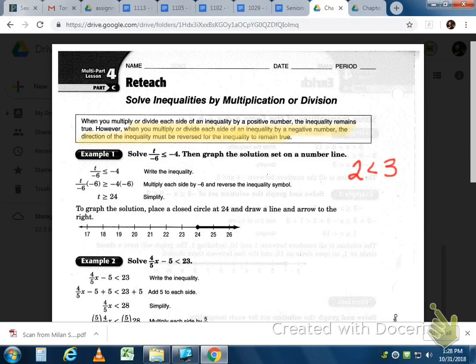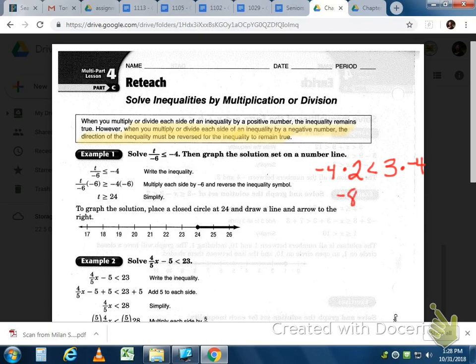So what if I took both sides of that inequality times -4? You know how all of this solving equation stuff that we've been doing, whatever you do to one side of it, you do to the other side, right? Okay, well, let's multiply both sides by -4 and let's see what happens. On the left, -4 times 2 is -8.